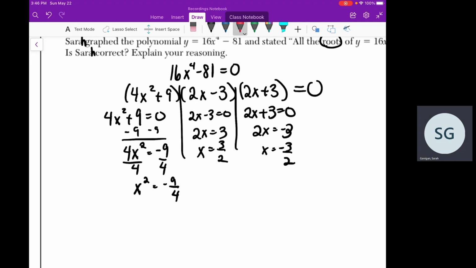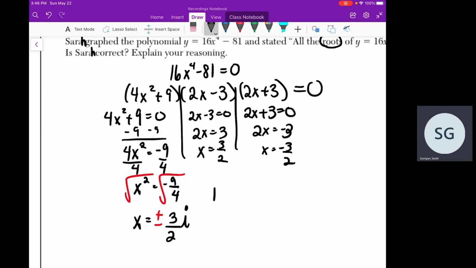to square root. When we take the square root of a negative number, and since we're solving an equation when we're square rooting, we have to use a plus or minus. The square root of 9 over 4 is 3 over 2i, because we have a negative under there.